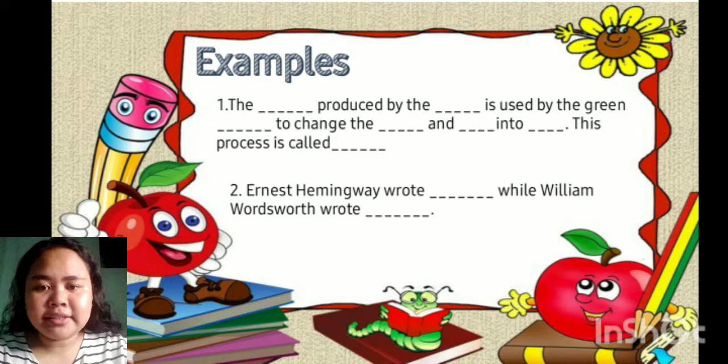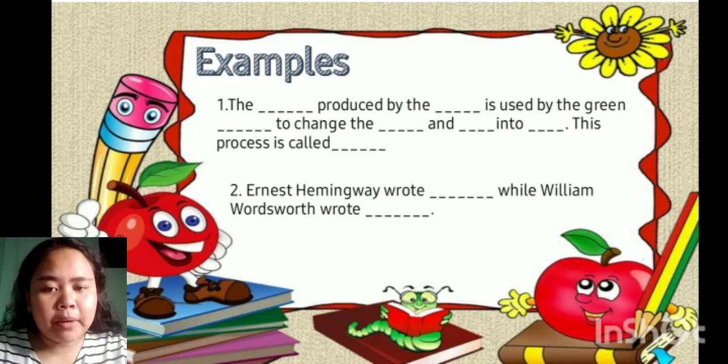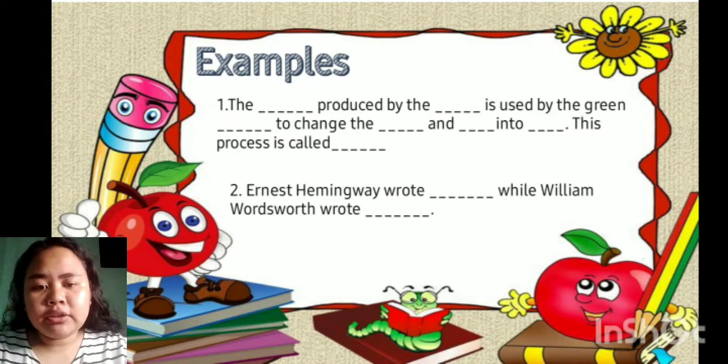Guideline number 1 example: The blank produced by the blank is used by the green blank to change the blank and blank into blank. This process is called blank. So, in this example, this has shown more clues than expected.